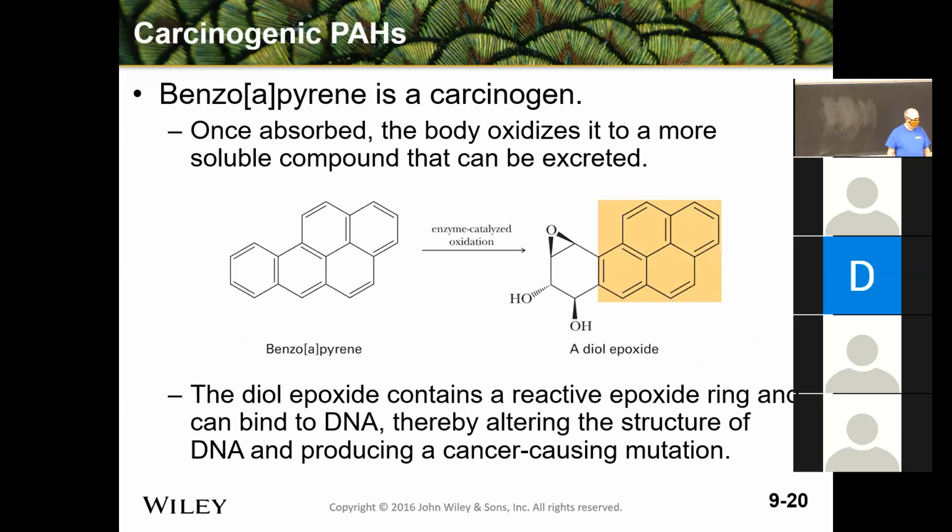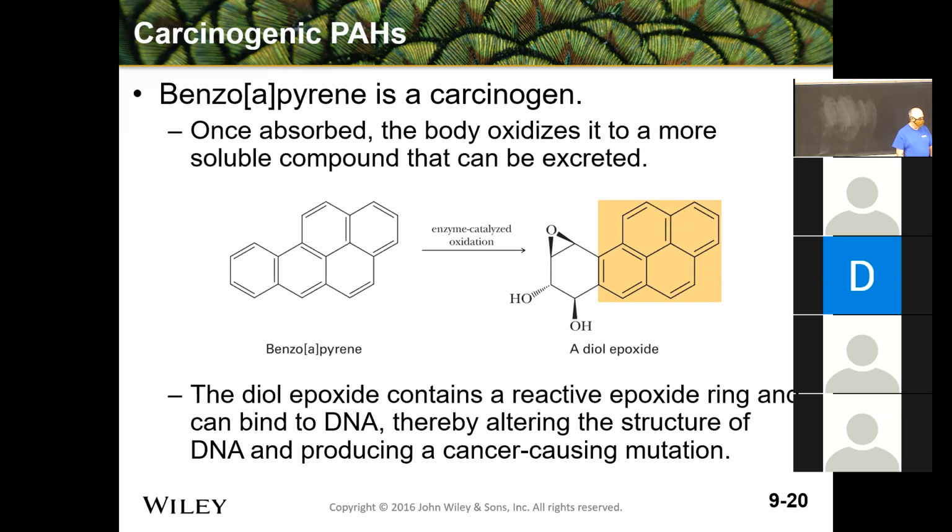Benzo-A-pyrene is pretty bad stuff. It is a carcinogen, and once absorbed, the body oxidizes it to try to make it more soluble and more easily excreted. And it does so by forming an epoxide and a diol.